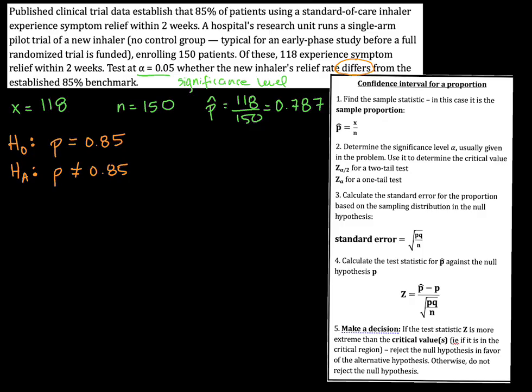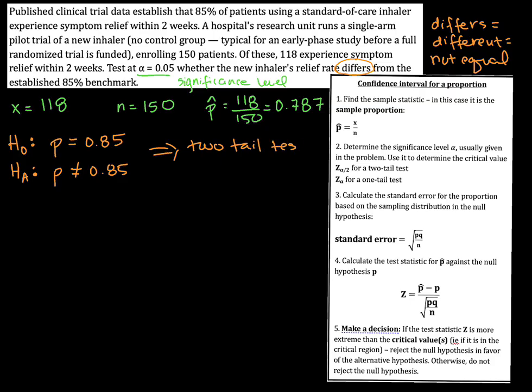This says "differs," so it doesn't say less or more or at least or at most. So we're just going to do not equal to. Differs means different, which means not equal to. So this is a two-tailed test.